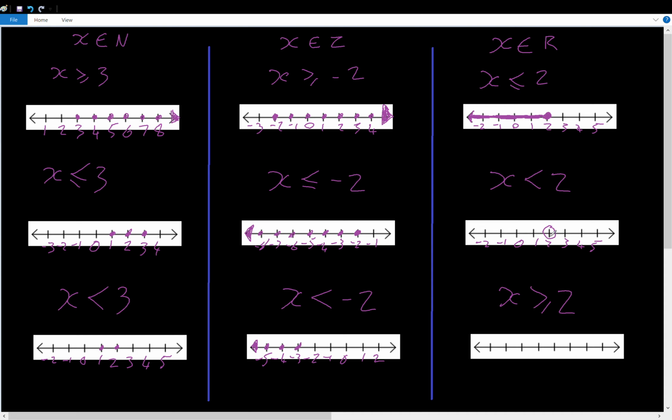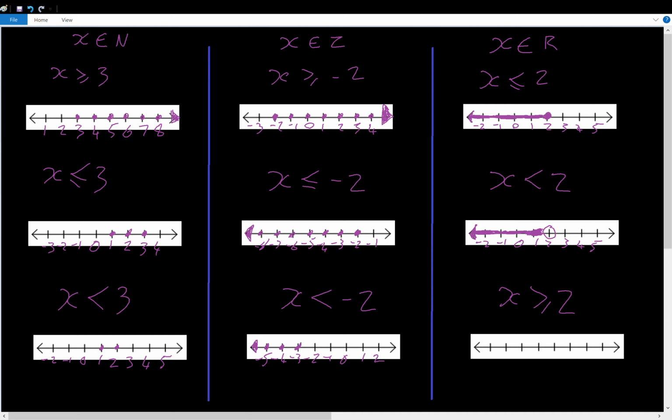So that's why it's just a circle and not a filled in circle or a filled in dot. But we're still going to shade all the way down from that circle. So we shade all the way down to the end, and then we fill in our arrow at the very end just to indicate that the pattern continues onwards.